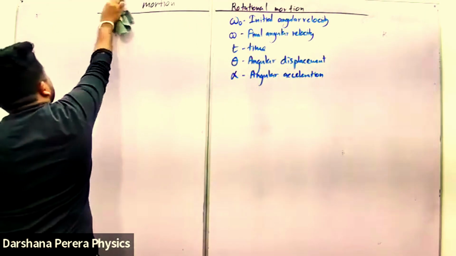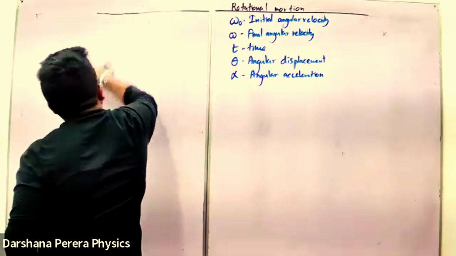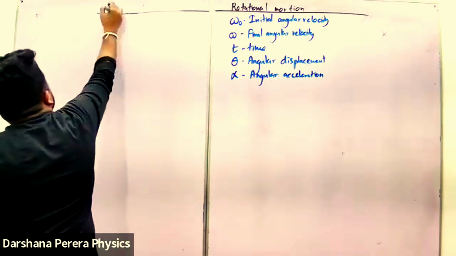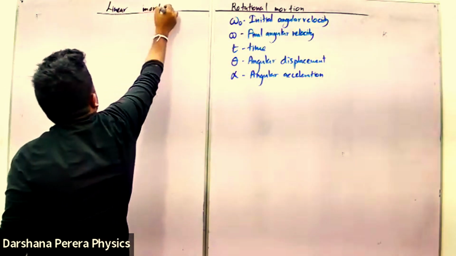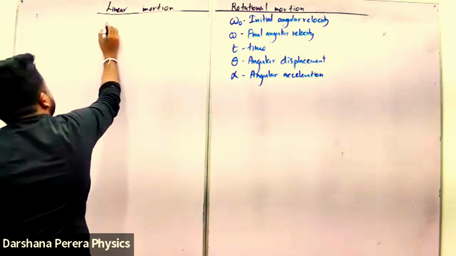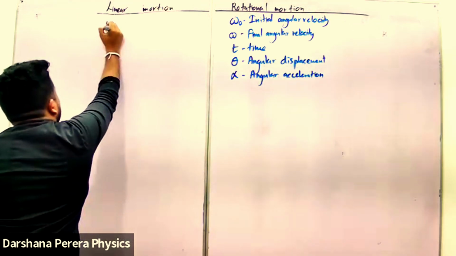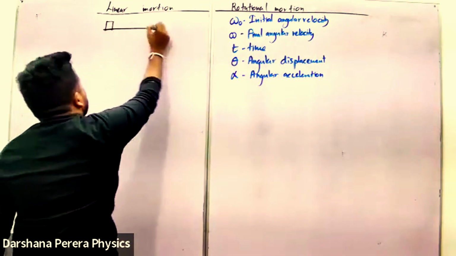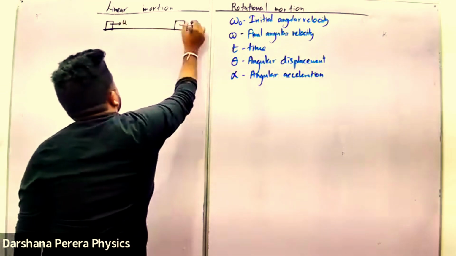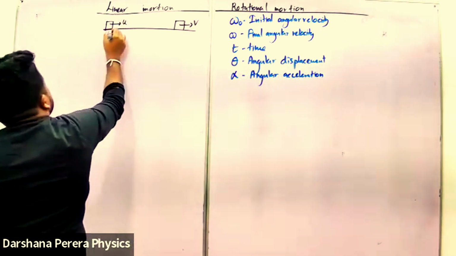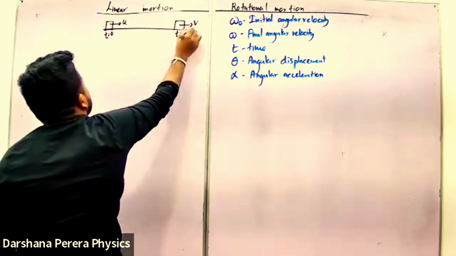What are the parameters? In linear motion, the object starts its motion with u and finishes its motion with v, from t equals 0 to t equals t.